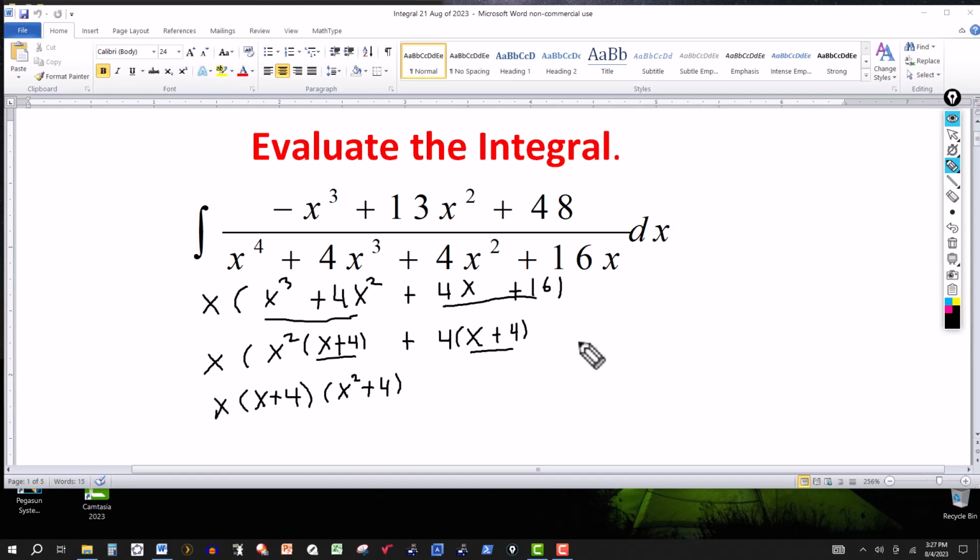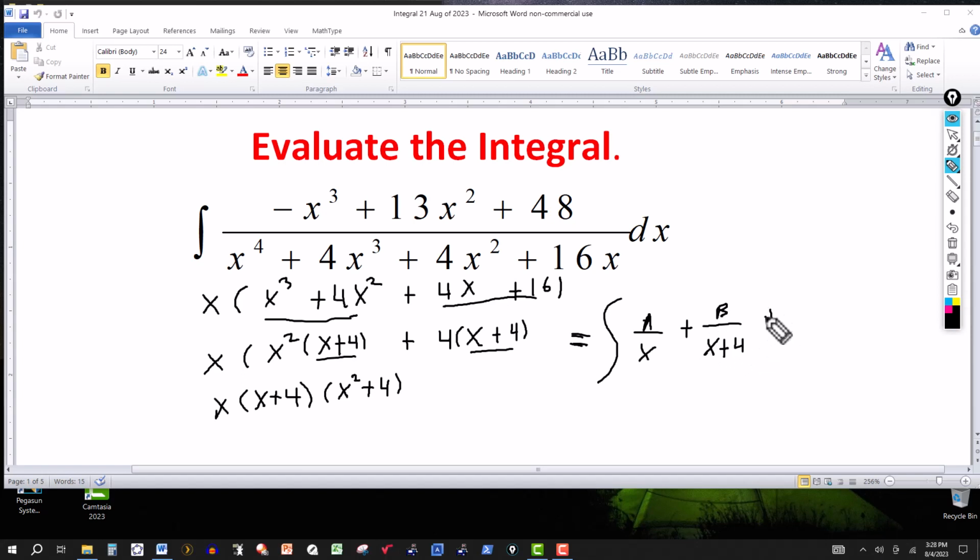So the setup for this one then, if we use the partial fraction decomposition here, we have two linear factors. So one factor would be the integral here, some constant A over the first factor, and it doesn't matter in what order we put these, but A over x plus B over the other linear factor, x plus 4, then plus.